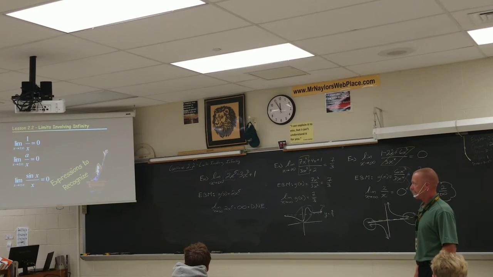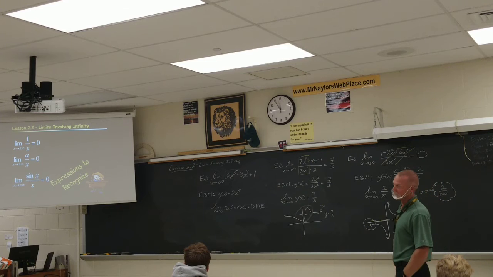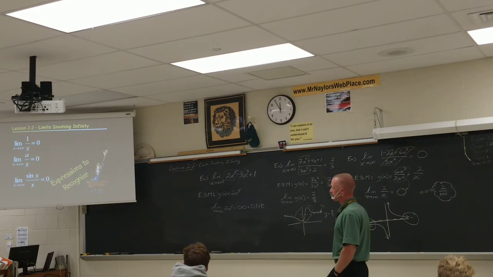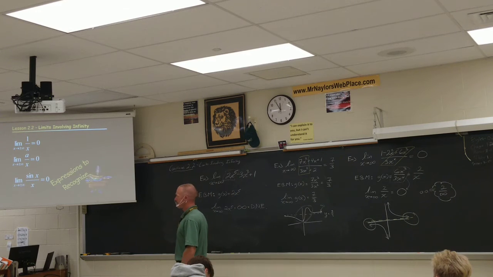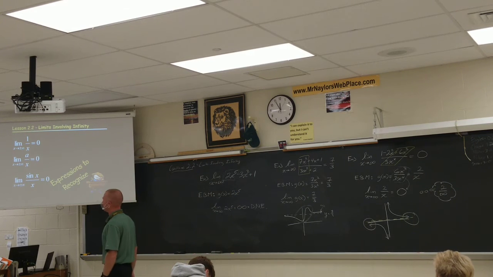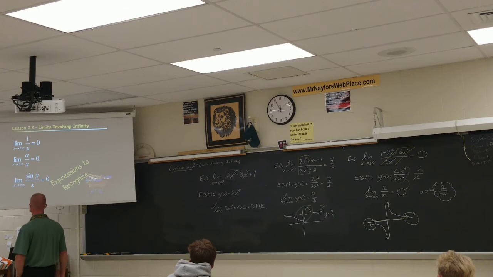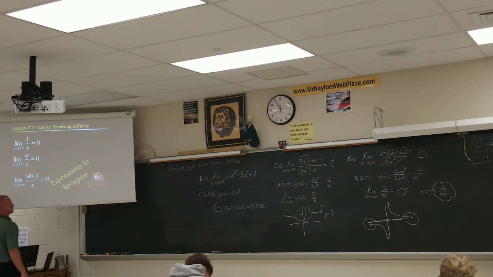Here's one from yesterday, sine of x over x. We didn't do anything with it today, but it's worthy of repeating. Now listen, there's some things in math that you're going to have to memorize, but I don't want this to be just a memorized thing and you don't have any idea what it means, because then you forget it.